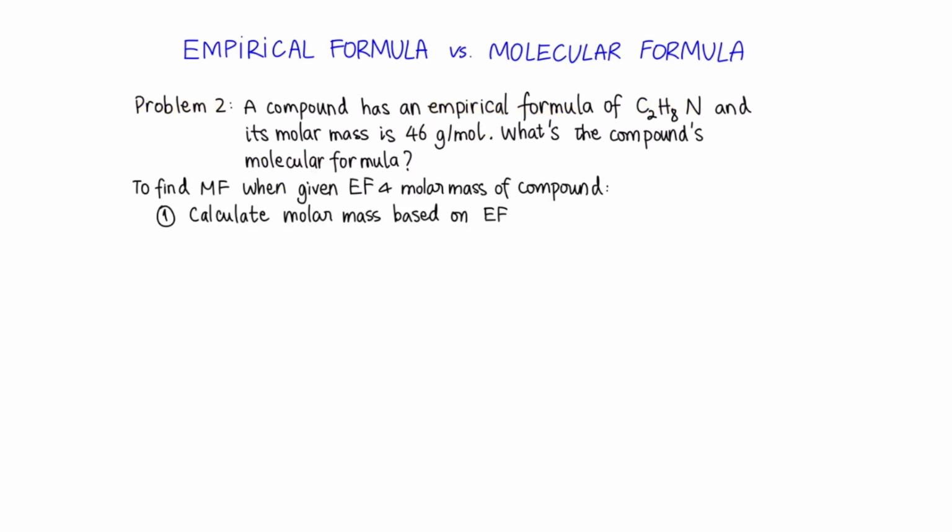So, to find the molecular formula when given the empirical formula as well as the molar mass of the compound, first we need to calculate the molar mass based on the empirical formula. So, the empirical formula is C2H8N. To find the molar mass of C2H8N, I'm just going to take 2 times the molar mass of carbon plus 8 times the molar mass of hydrogen plus the molar mass of nitrogen.